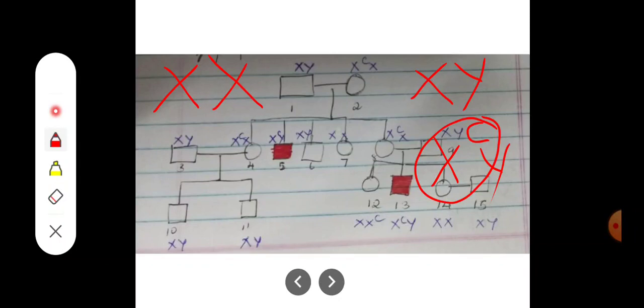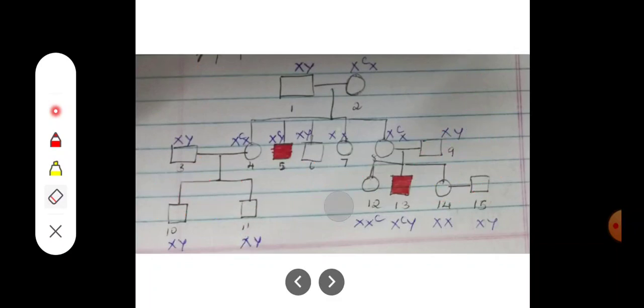In the case of females, if a female is a carrier, which means she will not have the disease but carries the gene which causes it, we represent her by X^C X. If a female is affected, then she will be X^C X^C. Understood? Clear, children? So we will now use only these in finding the genotype.